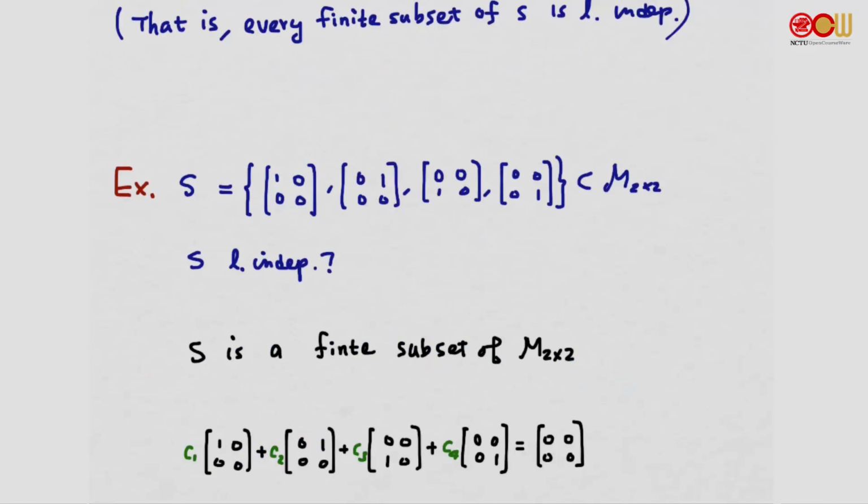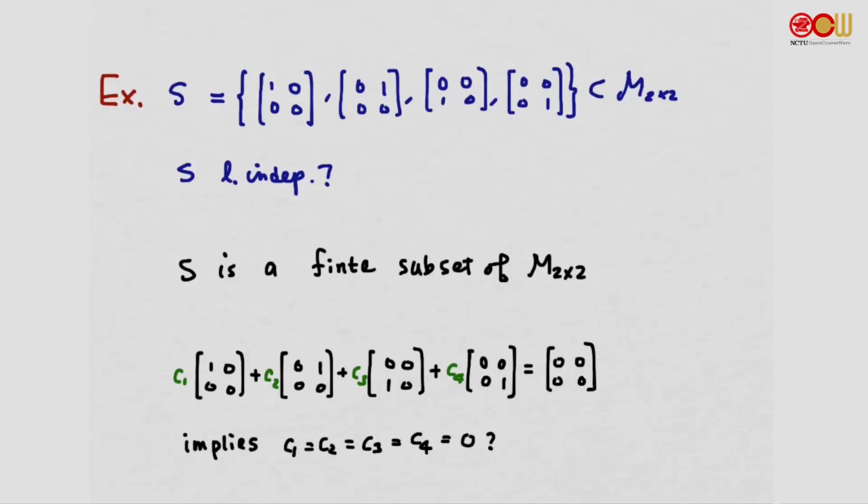We form a linear combination of the vectors. Each vector is a 2 by 2 matrix. Each one is multiplied with a scalar, C1, C2, C3, and C4. And we set the linear combination to the 0 vector. For the 2 by 2 case, the 0 vector is the 0 matrix. And we see if this would imply all the C coefficients are equal to 0.